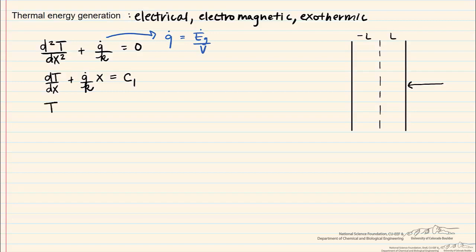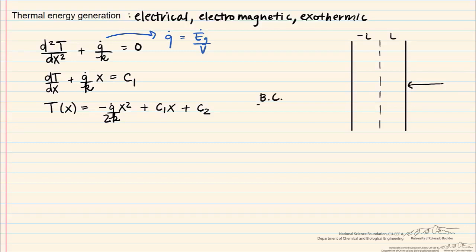And then our second integration leaves us with T of x equaling minus q dot over 2k times x squared plus C1 times x plus C2. So in order to solve for our constants, we're going to have two boundary conditions.